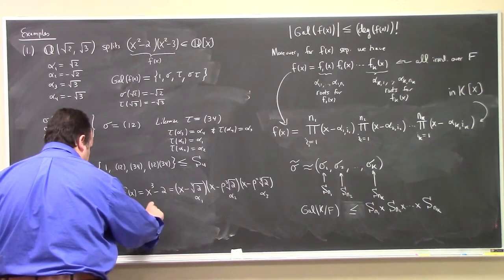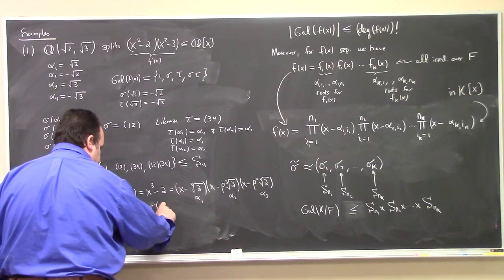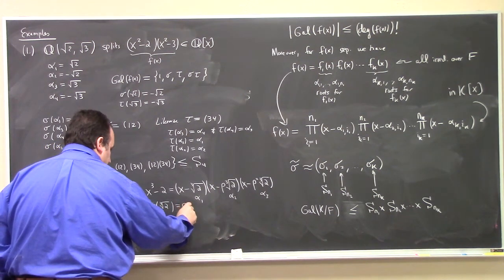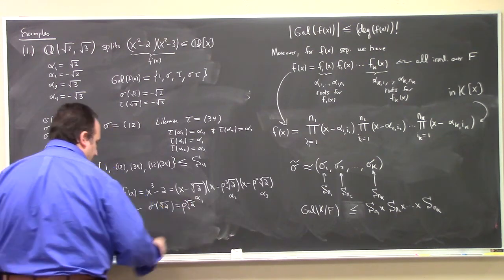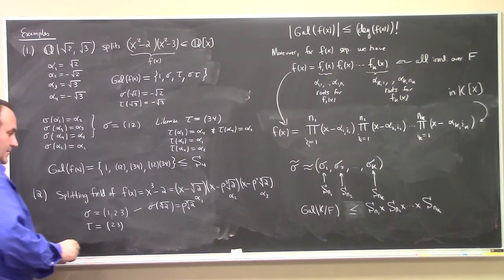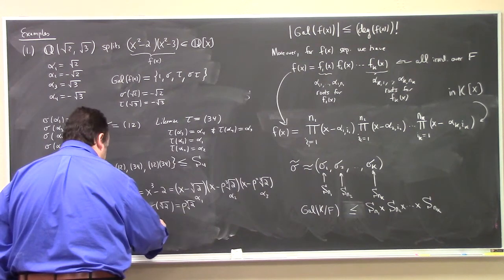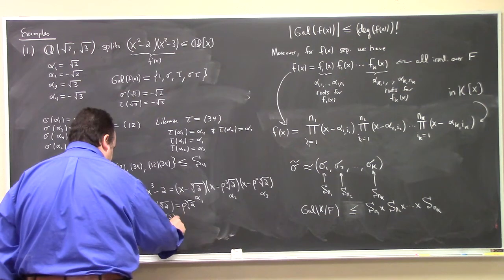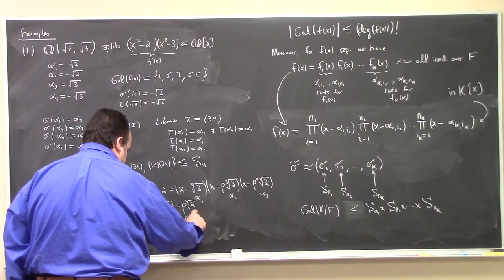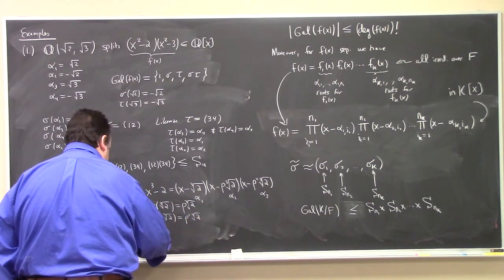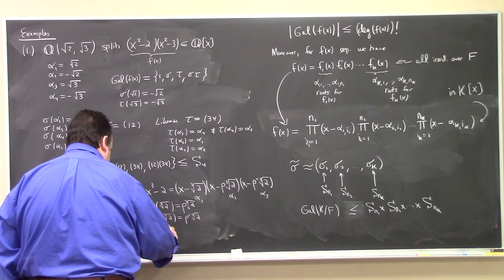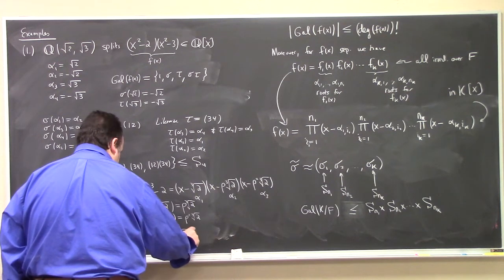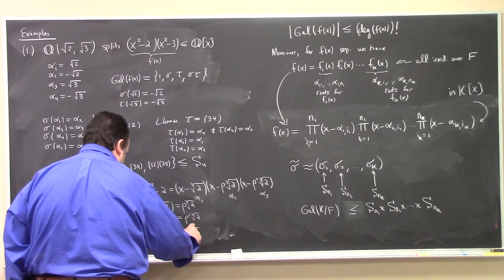That means sigma of the cube root of 2 is rho times the cube root of 2, and sigma of rho times the cube root of 2 is rho squared times the cube root of 2. And sigma of rho squared times the cube root of 2 is the cube root of 2.